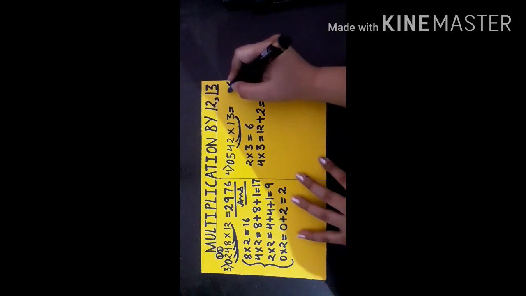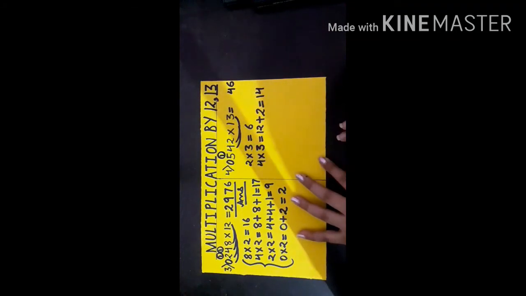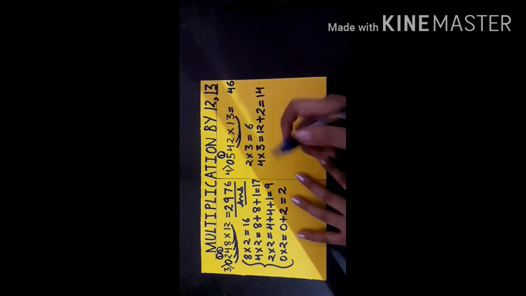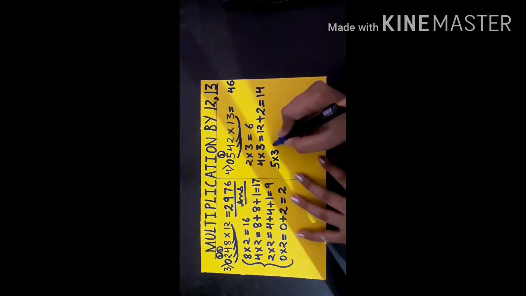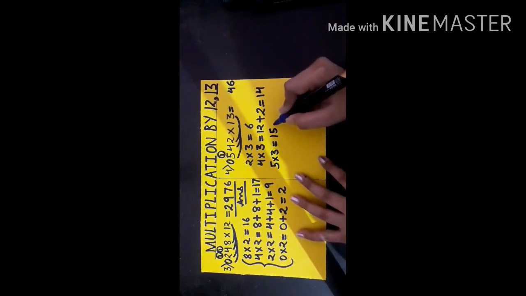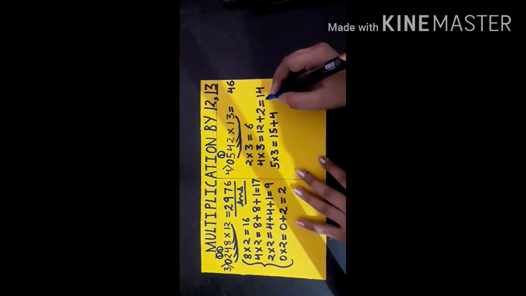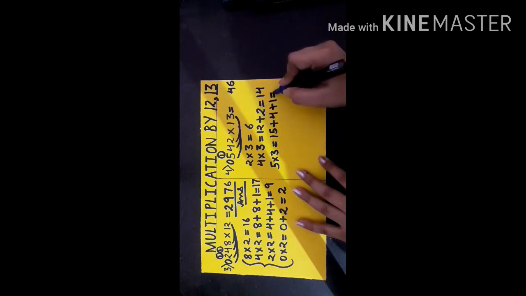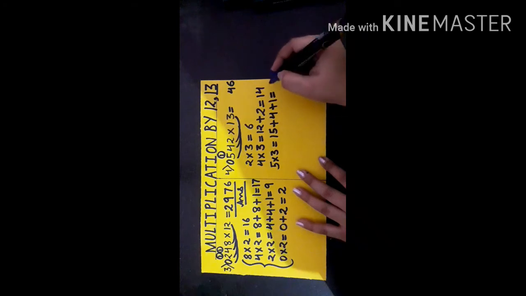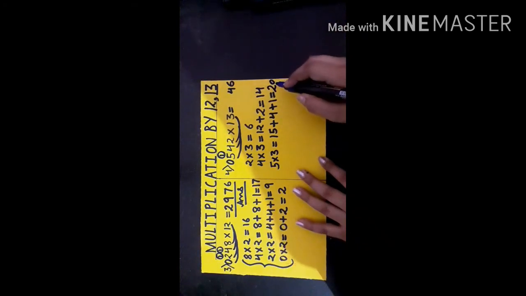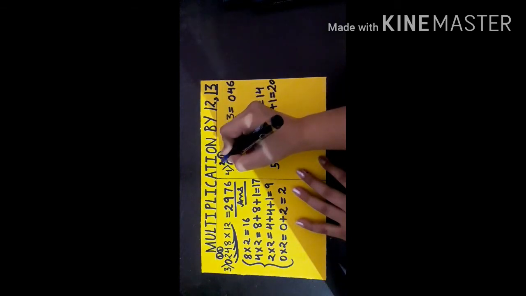Then 14, 4 will go here, 1 will go carry to the next number. Now next, 5 into 3. 5 3s are 15 plus the right hand side number which is 4 and the carry which is 1. Now 15 plus 4 is 19 and 19 plus 1 is 20. Now 20, 0 will go here and 2 will go carry.